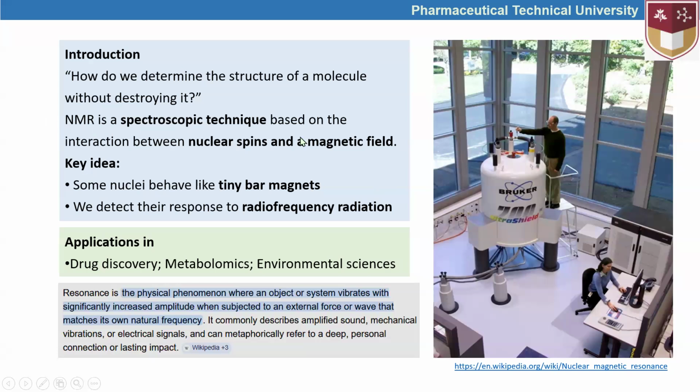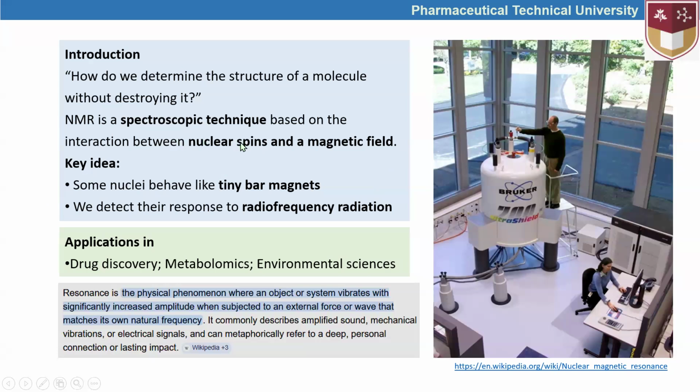It is a spectroscopic technique based on the interaction between nuclear spins and the magnetic field. We will talk about nuclear spins, and we know about the magnetic field. So the key idea in this spectroscopy is the interaction between the magnetic field and nuclear spins.